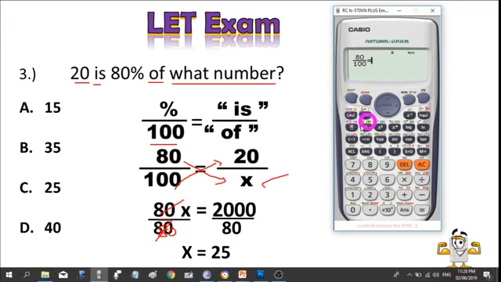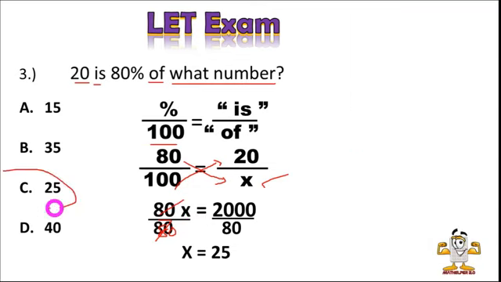So, 20 over alpha x. So, shift, solve, then equals. So, the correct answer is 25. So, the same lang po, so the correct answer is letter C.